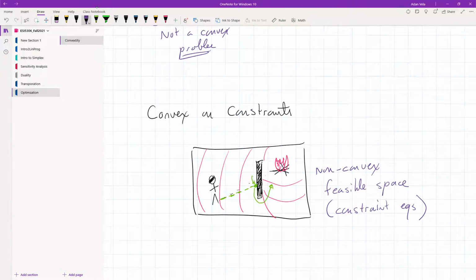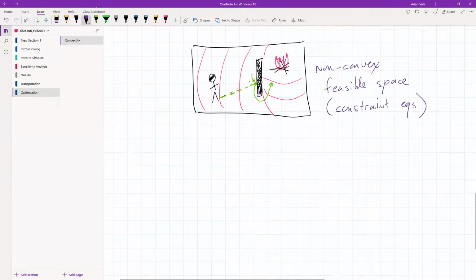And so the reality is most computer algorithms aren't particularly smart, right? If we look at a room, we can sort of figure it out. But when we're dealing with hundreds, thousands, or hundreds of thousands of dimensions, what does it mean to go around the wall, right? Or what does a wall even mean? And this is really hard for a computer to address, right? So non-convex problems can be introduced either through the cost function or the constraints.